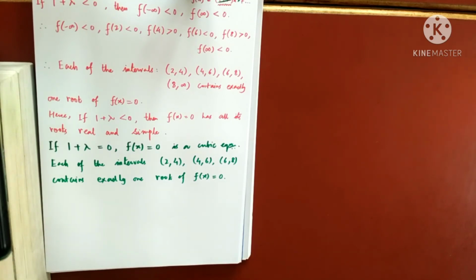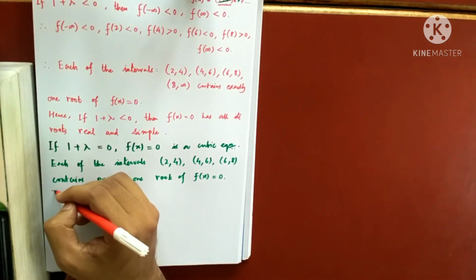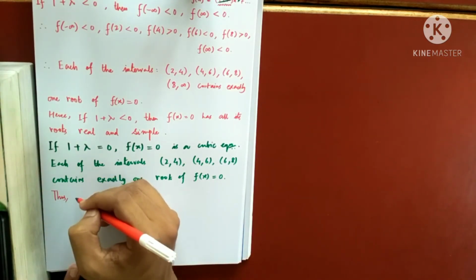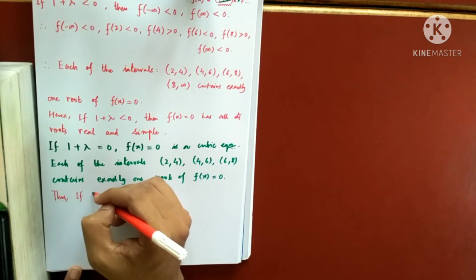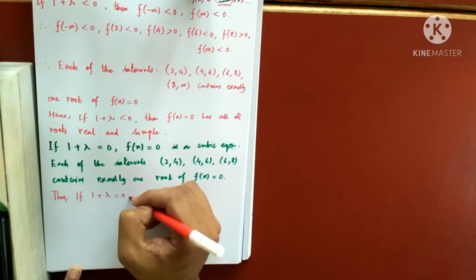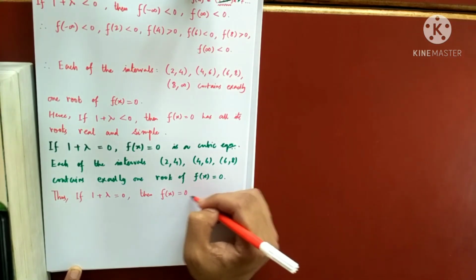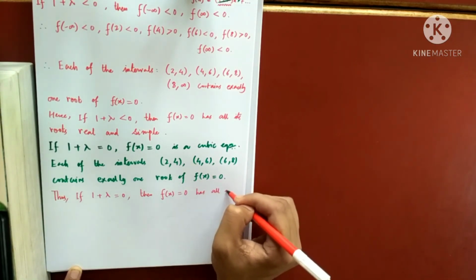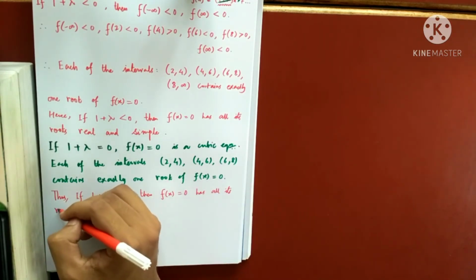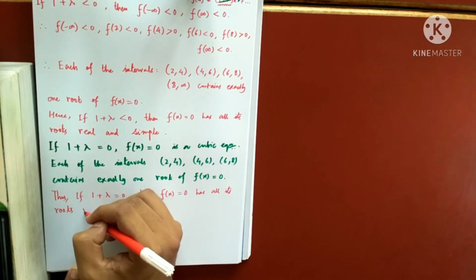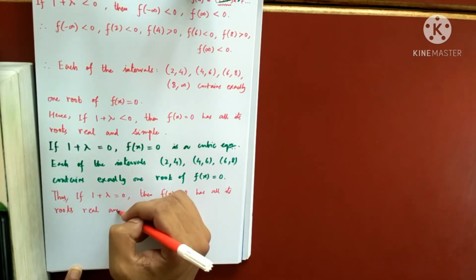Thus, what I know is that if 1 plus lambda is 0, then also f(x) equals 0 has all its roots real and simple.